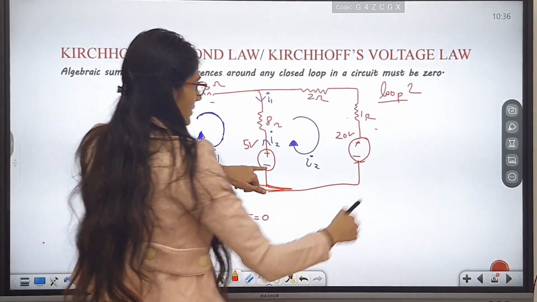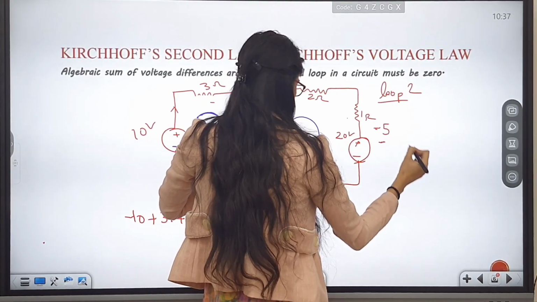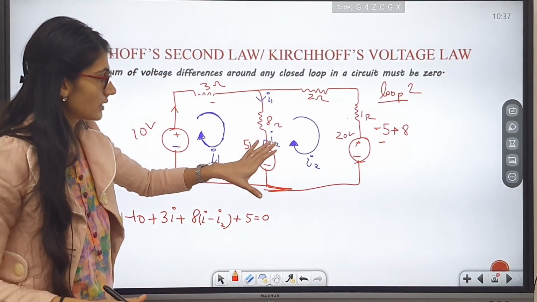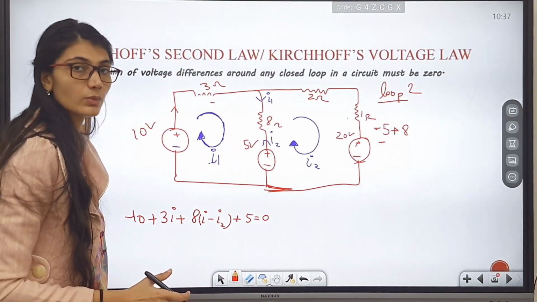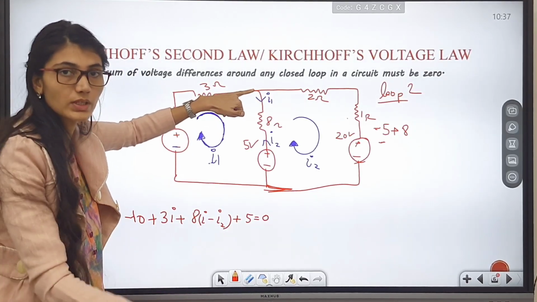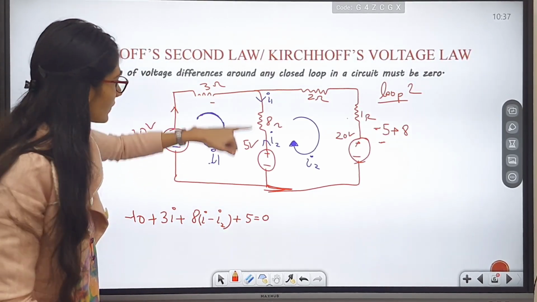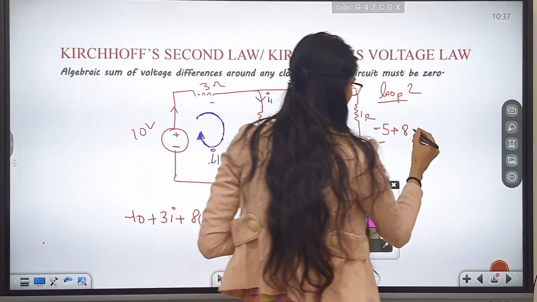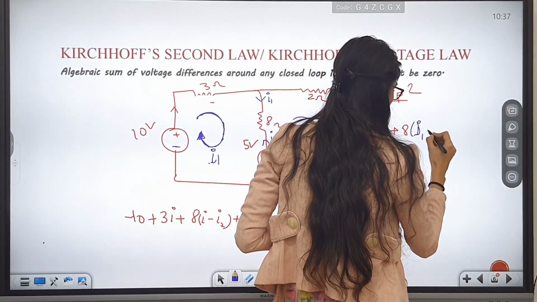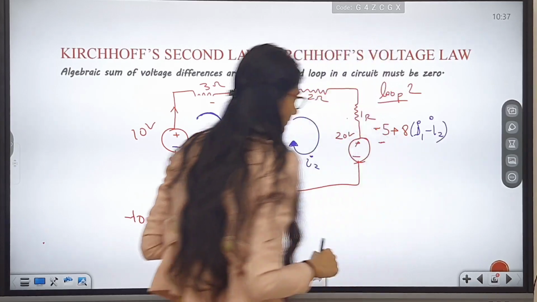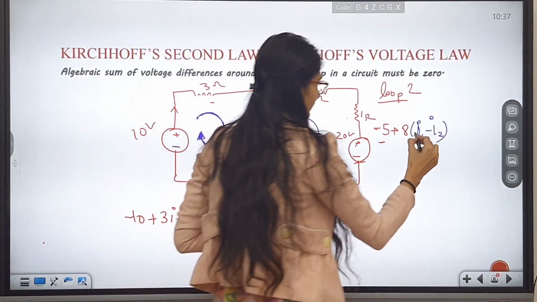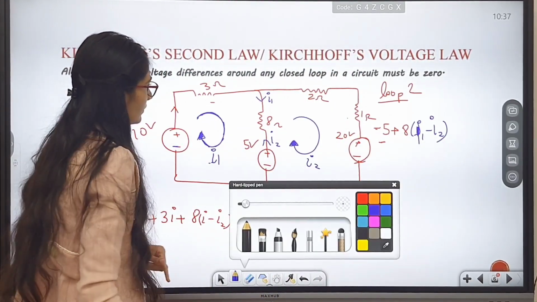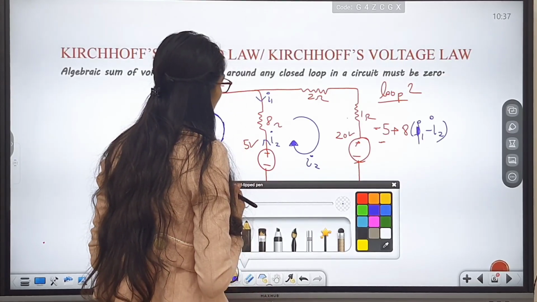So we start from here. It is minus 5 plus. Take it the same way you have taken in the previous equation. We have taken that I1 is greater than I2, so we will deal with it in the same way. It is I1 minus I2. Next you find 2 ohm.